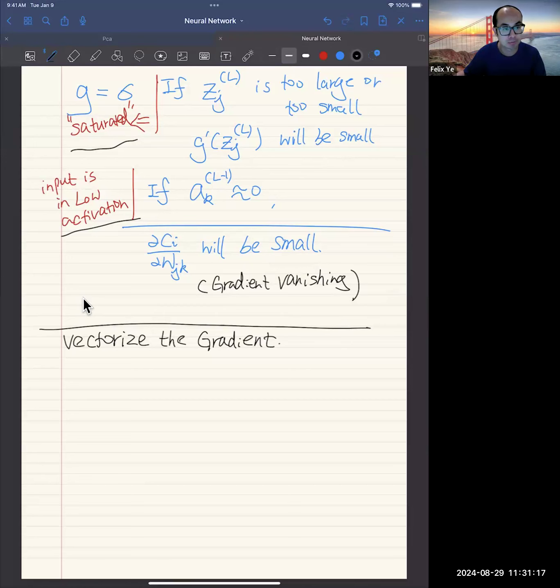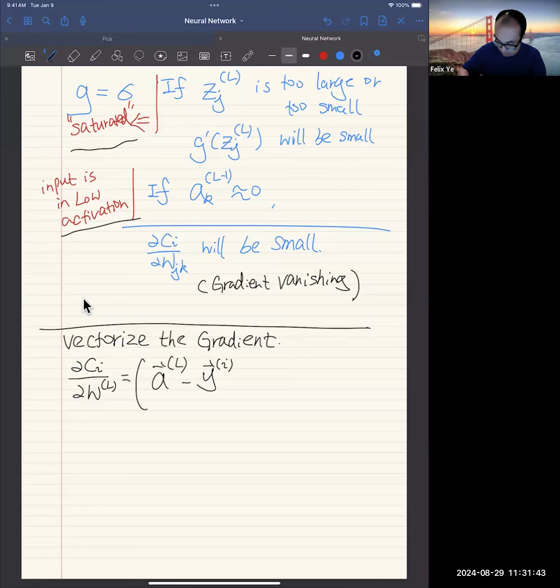We directly write it out here: partial CI, partial WL is equal to A of L, which is my output, subtracted by the one-hot encoding.